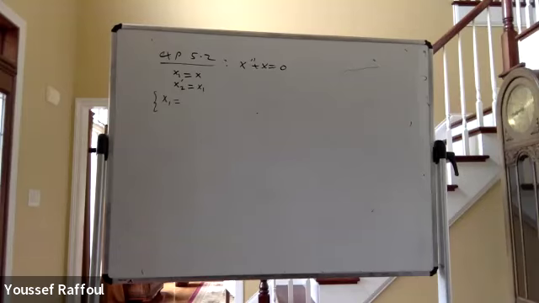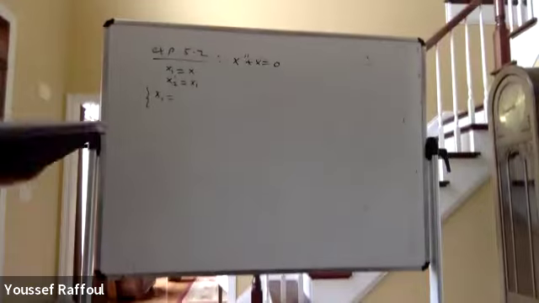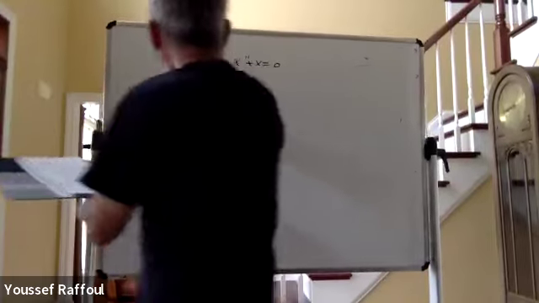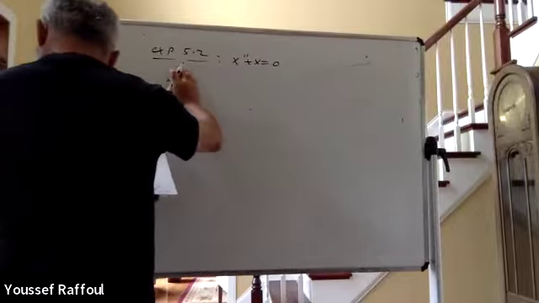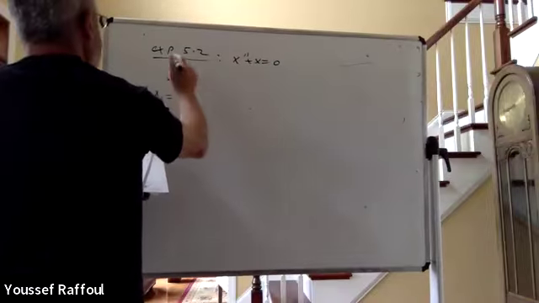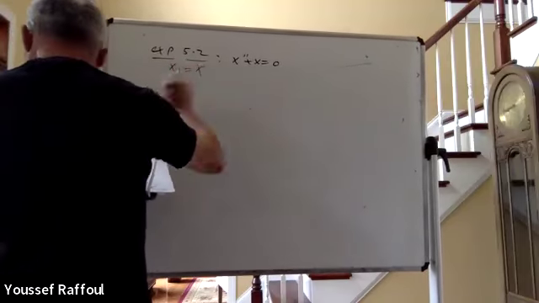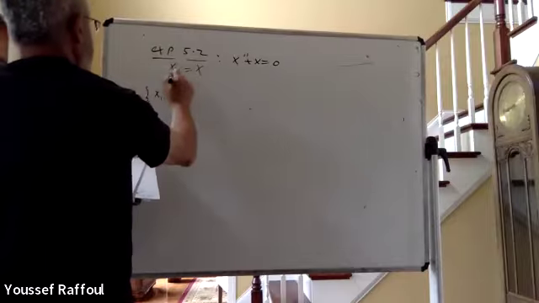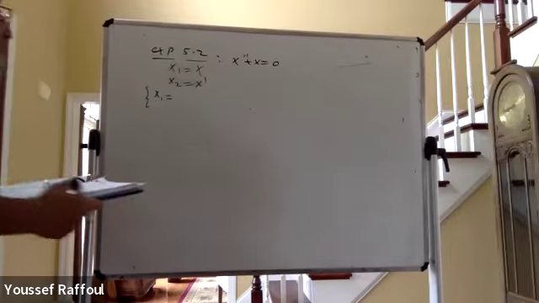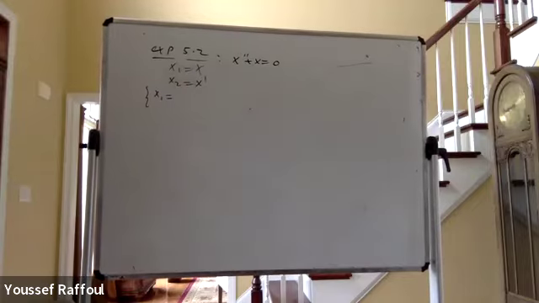So we usually let, as I said, x1 equal to x and x2 equal to x prime. Sorry about that.